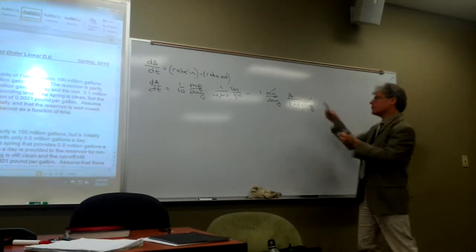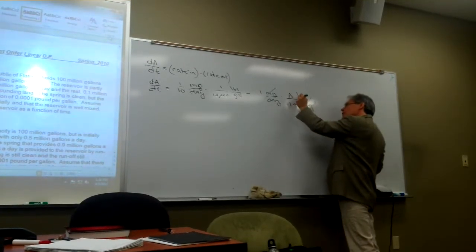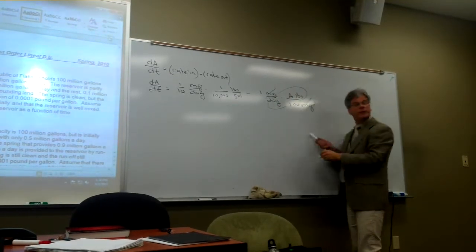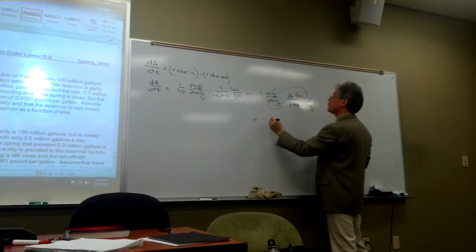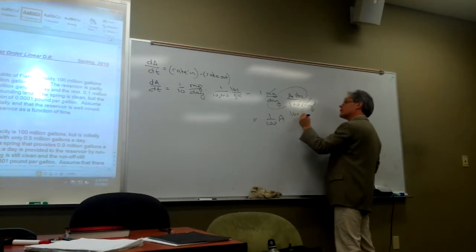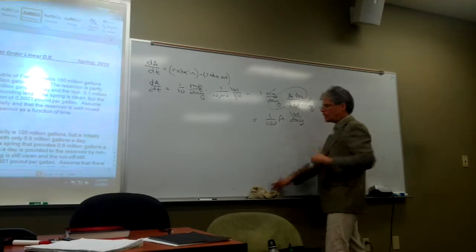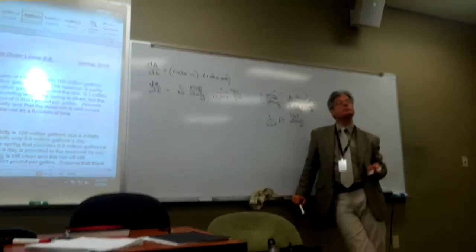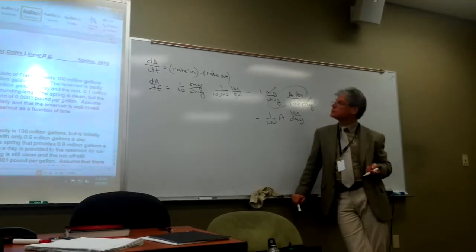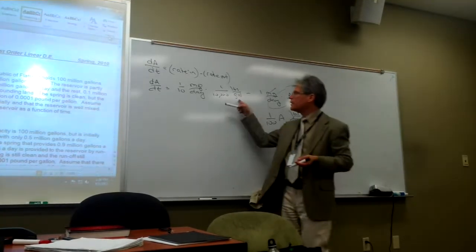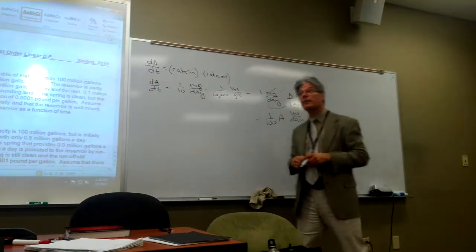Whereas A is measured in pounds, I guess my final units are pounds per day, or at least with the second term. So I guess I get 100 times A measured in pounds per day. However, on the left-hand side of the subtraction operation, now it cancels. Oh, you're right. Nothing cancels because these are measured in gallons. This quantity is measured in millions of gallons. How am I going to fix that?